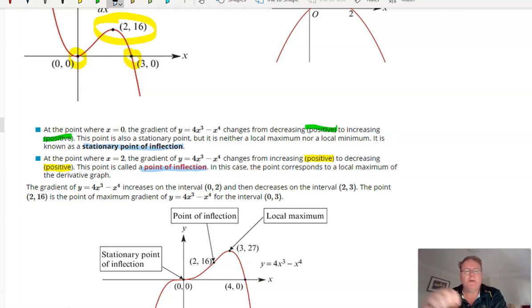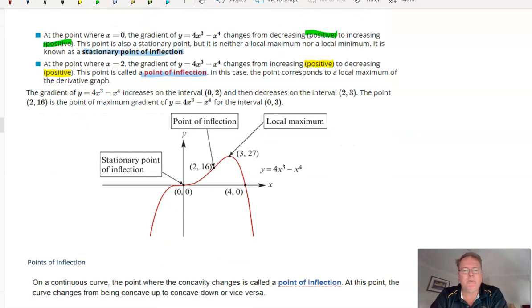So to summarize, here's the original graph, with our key points indicated. Just to summarize, the gradient of 4x cubed minus x to the power 4, which is what that function is, increases from 0 to 2 and then decreases. Now remember, again, we're talking about the gradient.